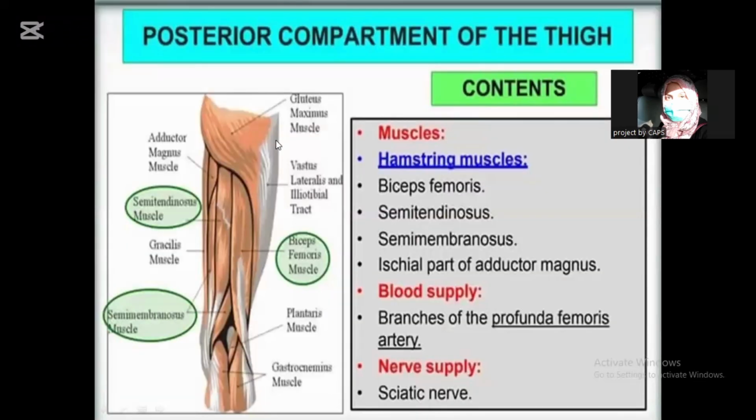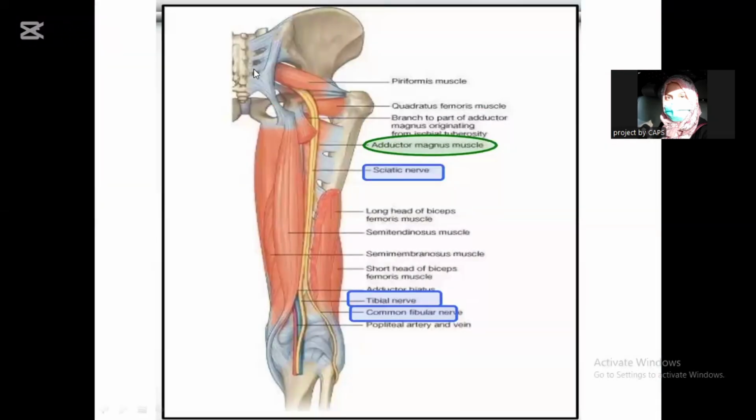Now, the posterior compartment. This is the gluteus muscle. Over here, the semitendinosus and semimembranosus muscles. Over here is the biceps femoris muscle. This whole posterior part of the thigh, hip, and the lower leg is supplied by the sciatic nerve. Now, removing the gluteus muscle, we will have the piriformis muscle here.